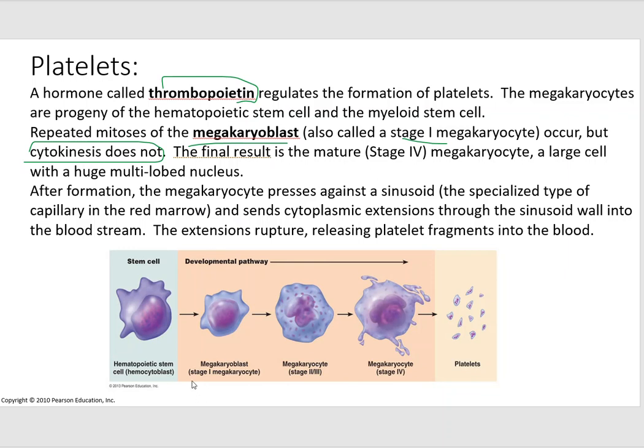So it's going to go from stage 1 to stage 2 and 3, and finally to stage 4. Stage 4 is a large cell. It's got a big multi-lobed nucleus, and it's going to put some of its cytoplasmic extensions into the blood vessels. These are sinusoidal, which are blood vessels that have big gaping holes in them. They're going to rupture and release platelets into the blood. That's how we make platelets.